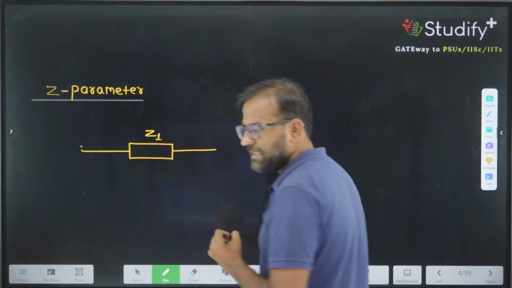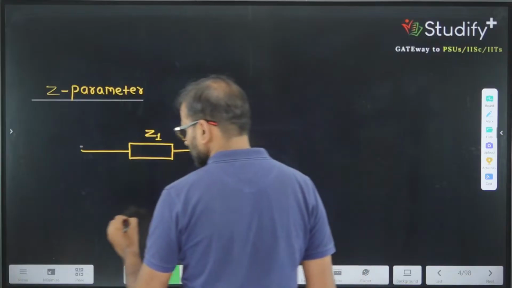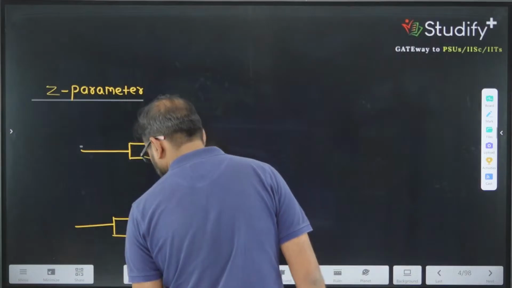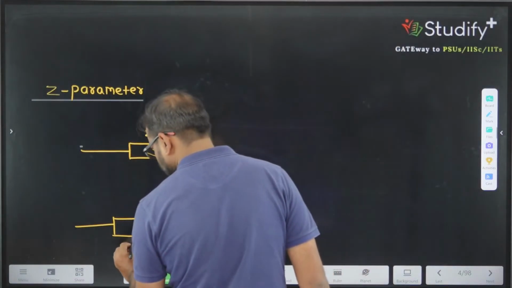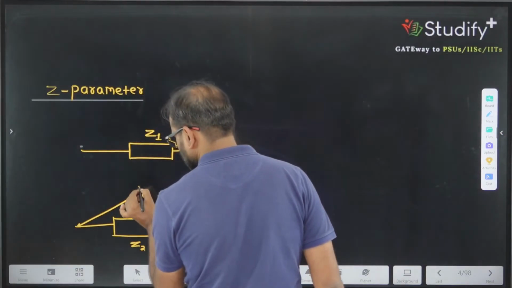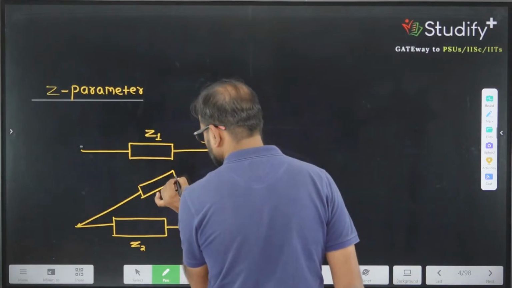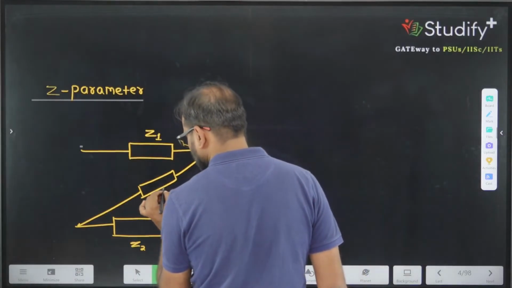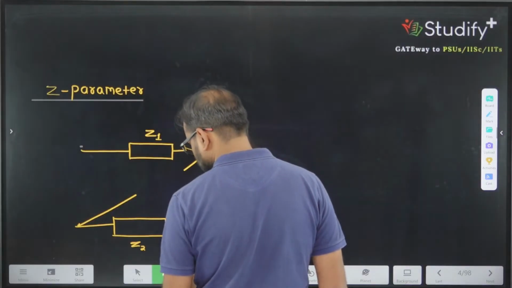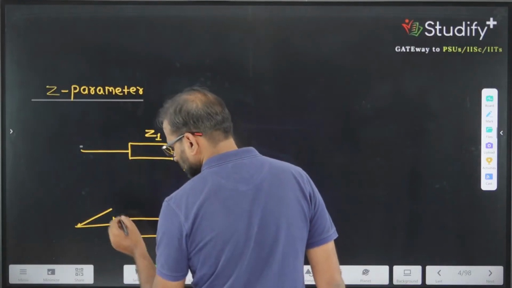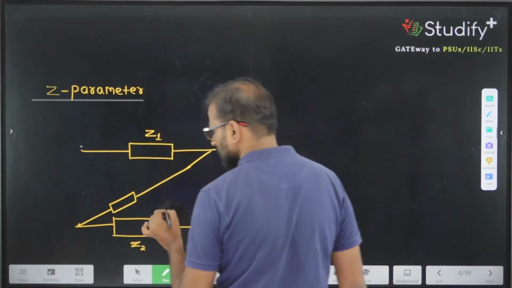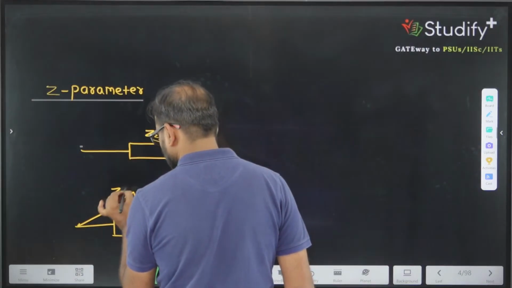This value is Z1, this value is Z2, this value is Z3.